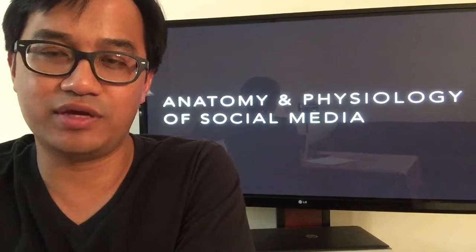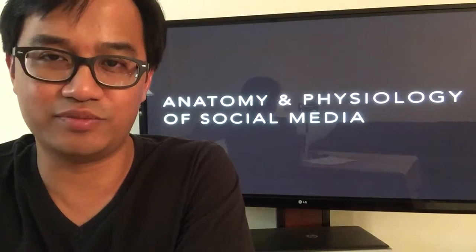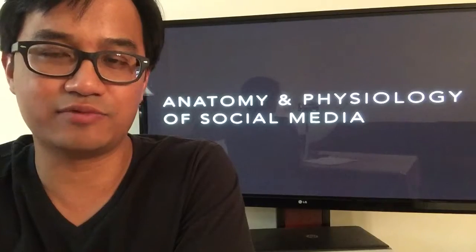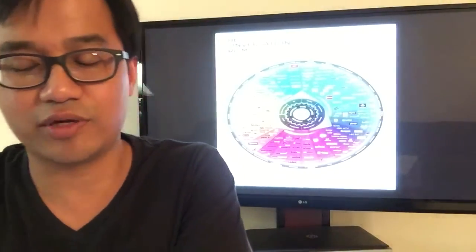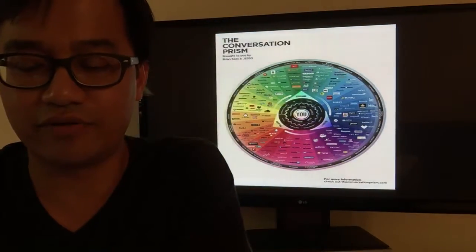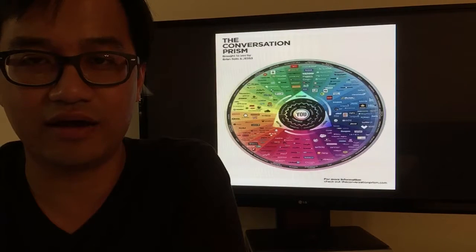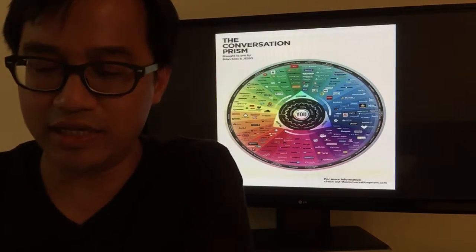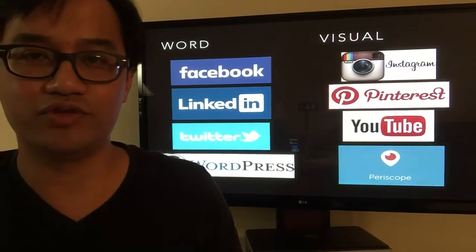So this session is going to be a quick run through of some of the more common social media networking sites. I'm going to go into a bit more detail about some of them in the later parts of this talk. So you think that it's only about Twitter and Instagram? The answer is no. This is the number of the options in terms of social media. There are hundreds of social media networking sites, but they can be easily divided into two major groups: word-based and visual-based.